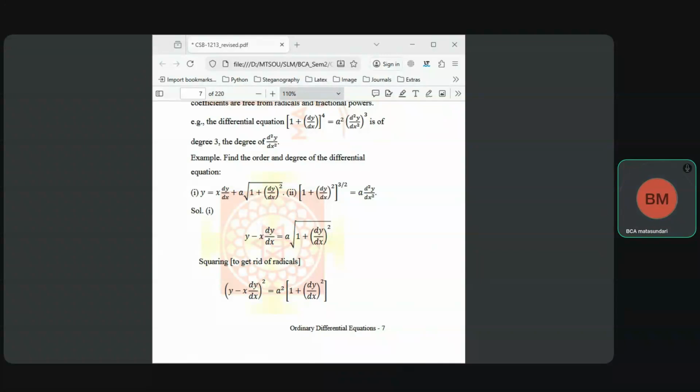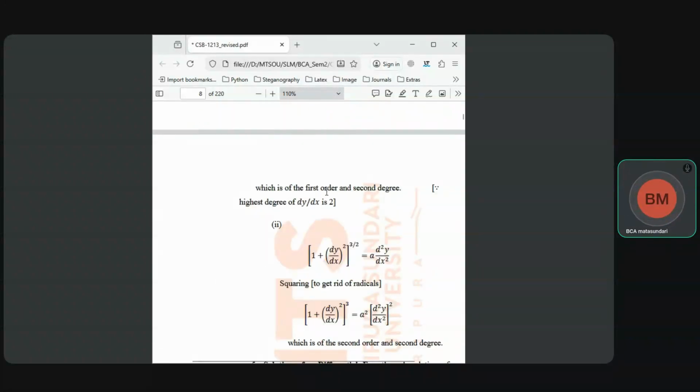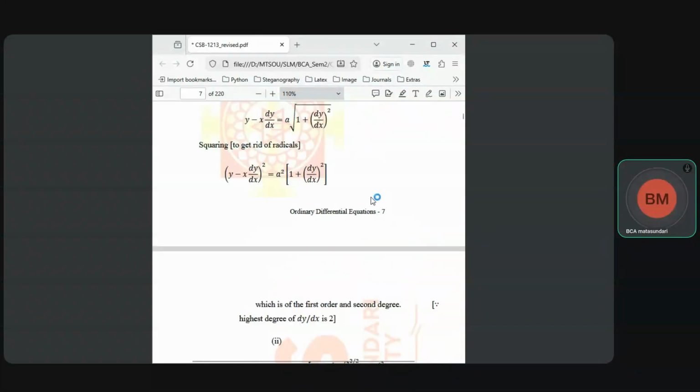Squaring to get rid of radicals, (y − x dy/dx)² = a²(1 + (dy/dx)²). This is how we get rid of radicals. This is a first order equation, and the highest degree of dy/dx is 2, based on the power in this equation.